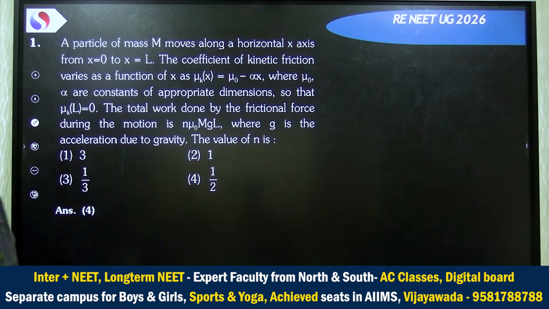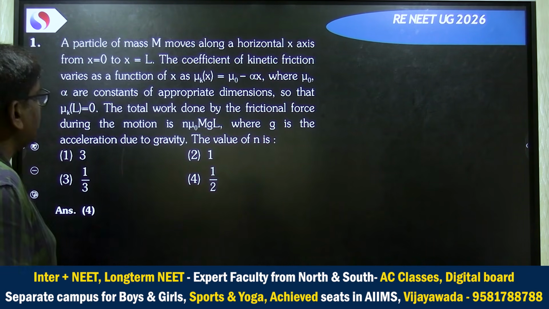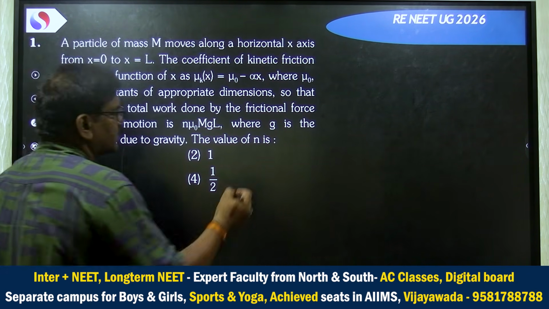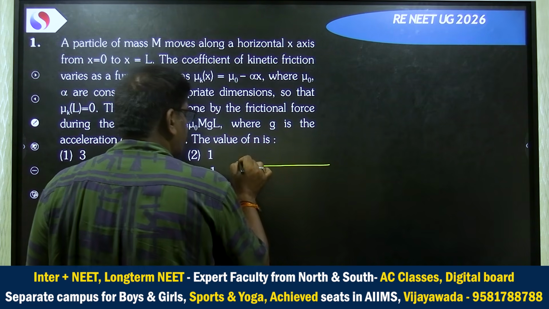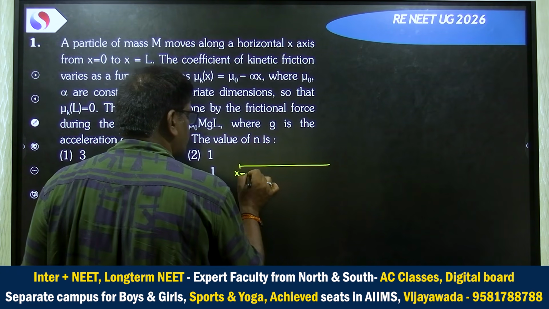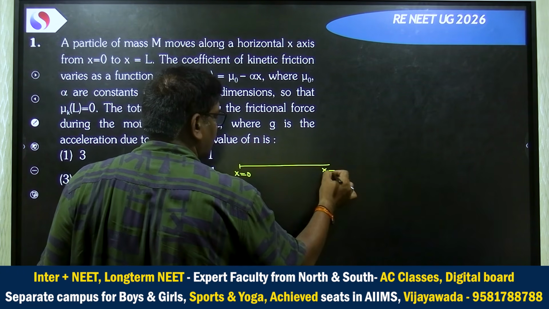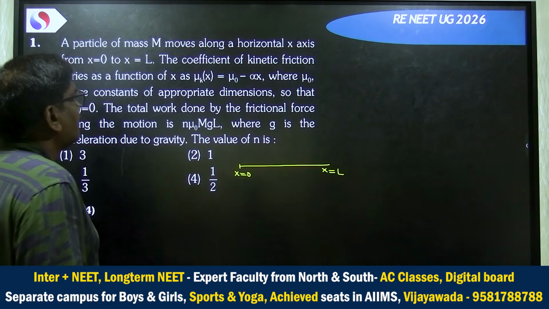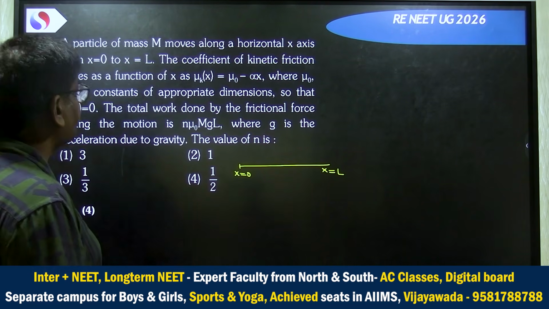They are saying a particle of mass m moves along the horizontal x-axis from x equals 0 to x equals L. So this is a horizontal axis in which this point will be x equals 0 and this point will be x equals L, where the coefficient of kinetic friction varies.